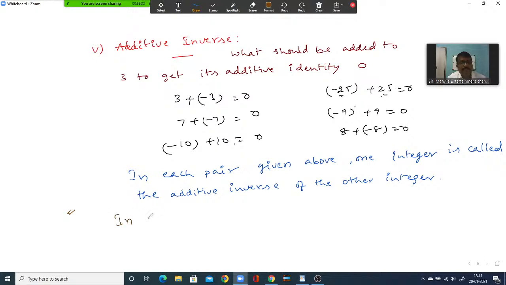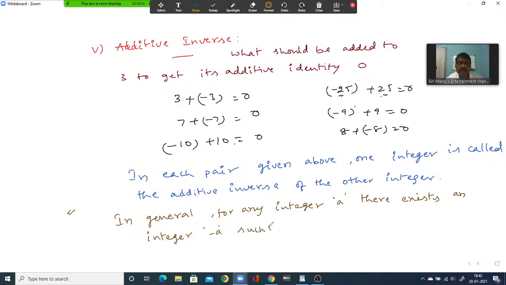In general, for any integer a there exists an integer minus a such that a plus minus a is equal to 0.